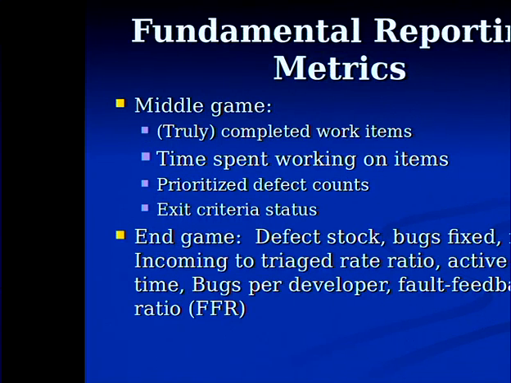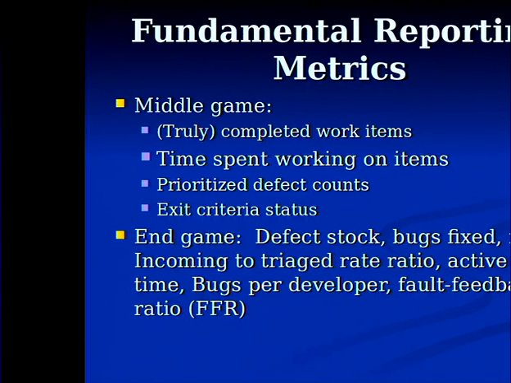I love seeing these things. Prioritized defect counts: how many type 1, type 2, type 3 defects there are in terms of priorities. The number of completed work items, what fraction of them are complete, and the amount of time spent working on the items. I like to know how people are spending time.